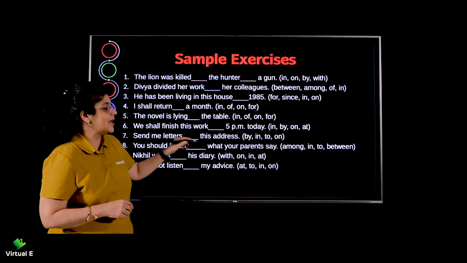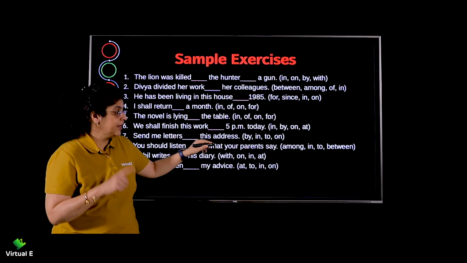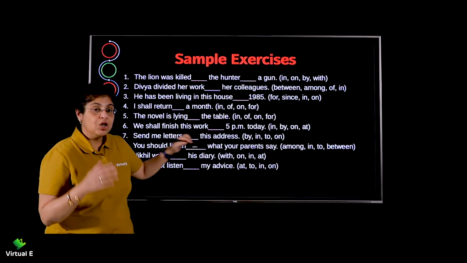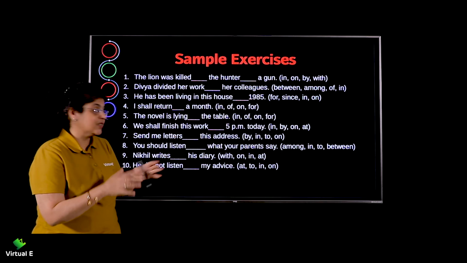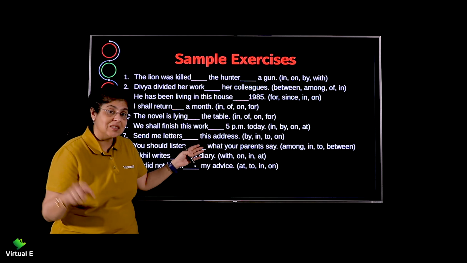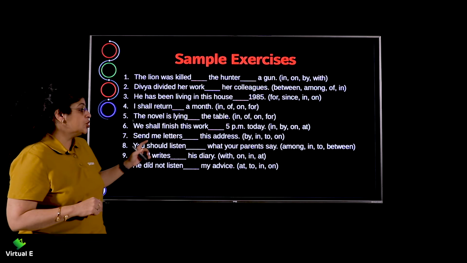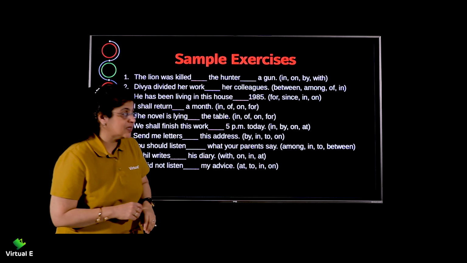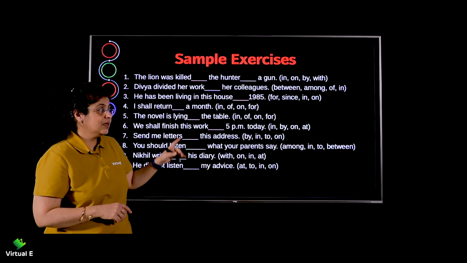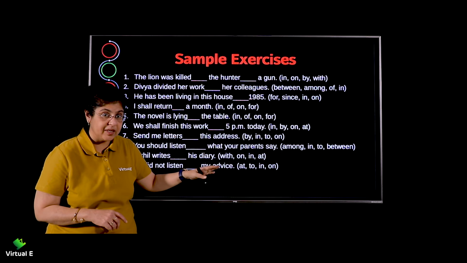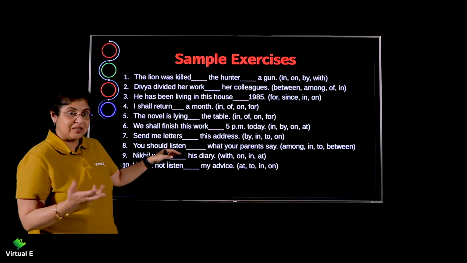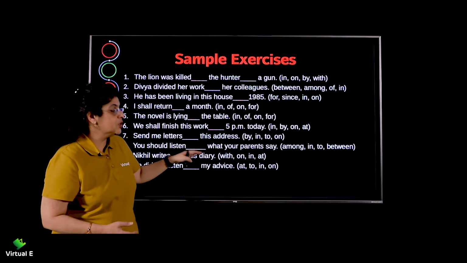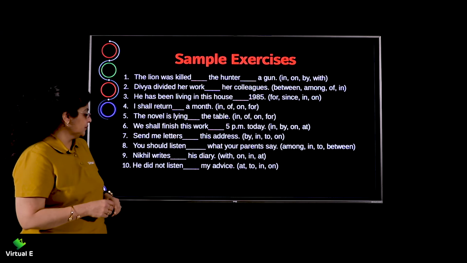Send me letters dash this address. By, in, to, on. You want it on a particular address. So, it is on this address. You should listen dash what your parents say. Among, in, to, between. It's a very common sense thing. You listen to somebody. So, listen to what your parents say.